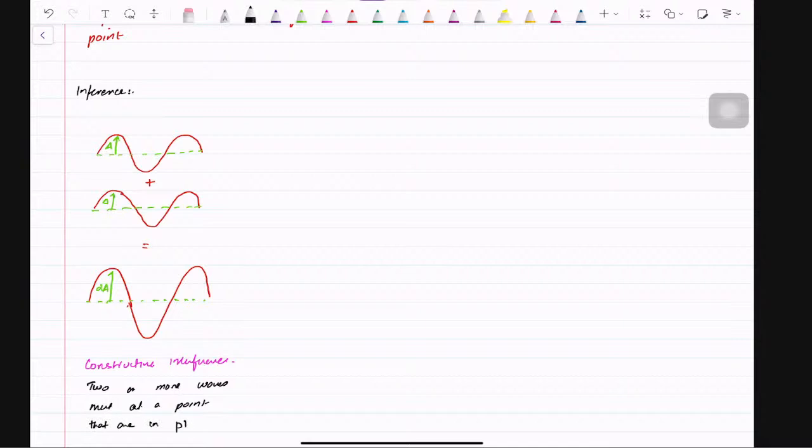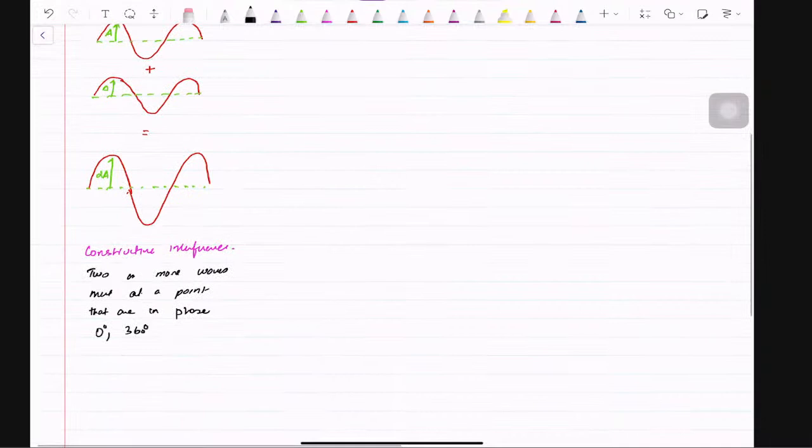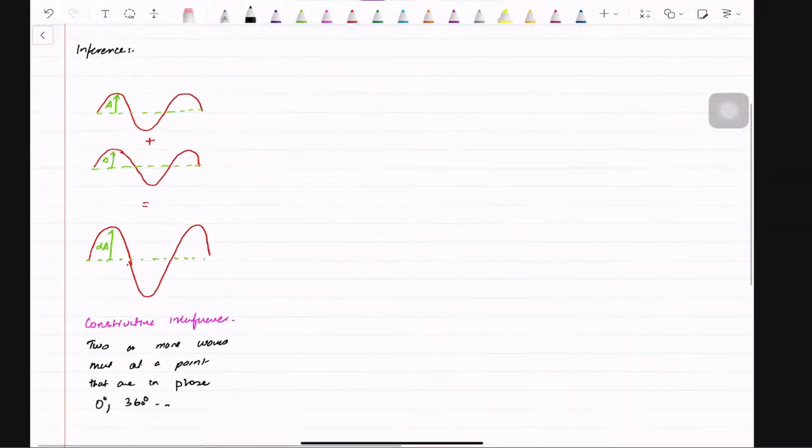So we can write a broader term. In phase means that it should be 0 degrees or 360 degrees and so on, right? Like we talked about phase.